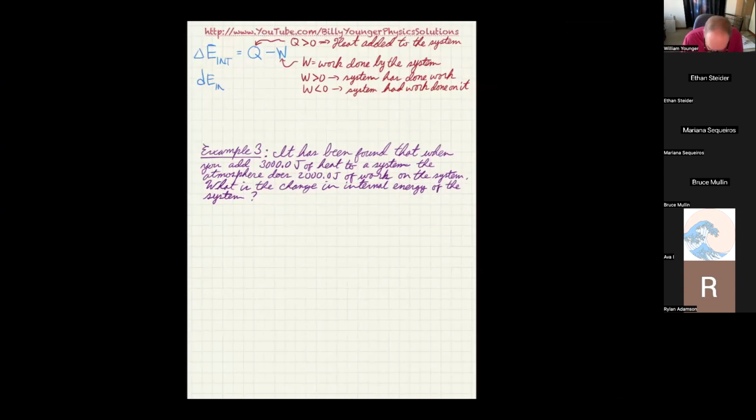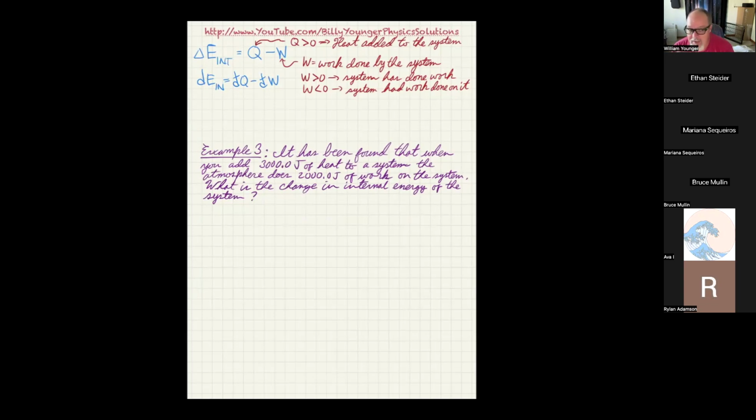We sometimes will say dE internal is equal to d bar Q minus d bar W, and that's acceptable as well. What I want to point out to you is that we're using D for the E internal because that's an actual differential, whereas the d bar Q and the d bar W are infinitesimal amounts of heat added, or infinitesimal amounts of work being done by the system.